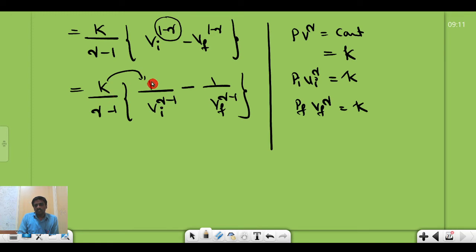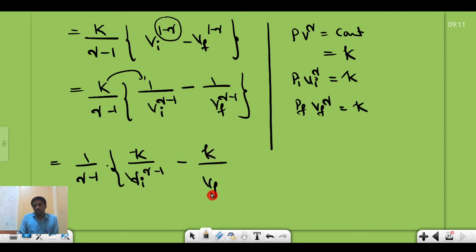So now I am sending k this side, what will happen, 1 by gamma minus 1 in bracket, k divided by V i gamma minus 1 minus k divided by V final gamma minus 1. Here initial terms are there, so I am substituting the initial value of k in this place, and final terms are there, so I am substituting final terms in this equation.